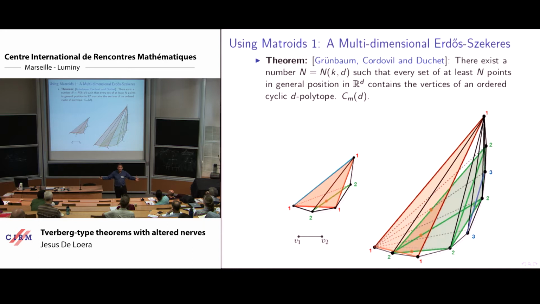If you have sufficiently many points in the plane, there's a convex k-gon. But it's true in multi-dimensions. If you have a lot of points in dimension D, there will be a cyclic polytope, an alternating uniform oriented matroid in our language. If you have a lot of points, you will be able to find a cyclic polytope of any size.